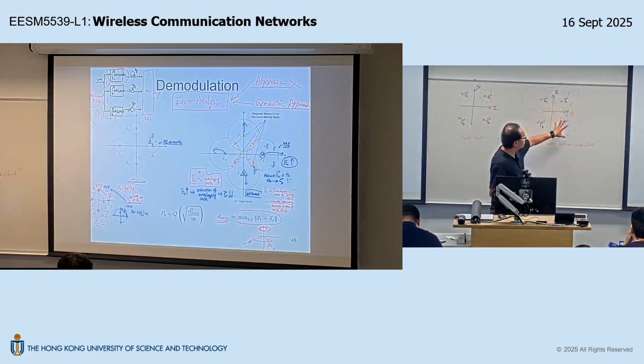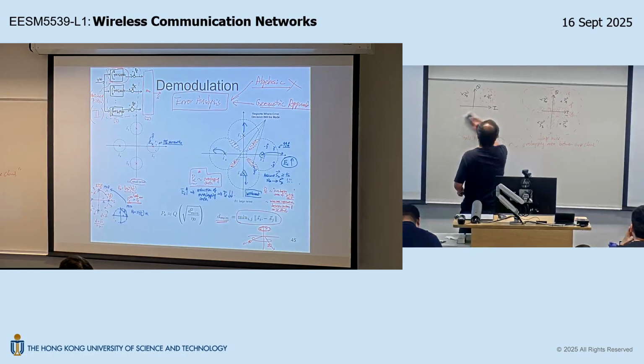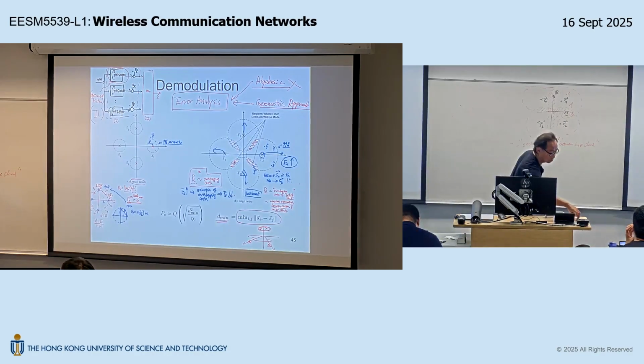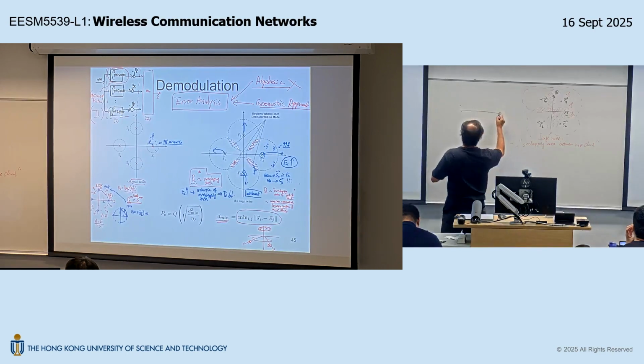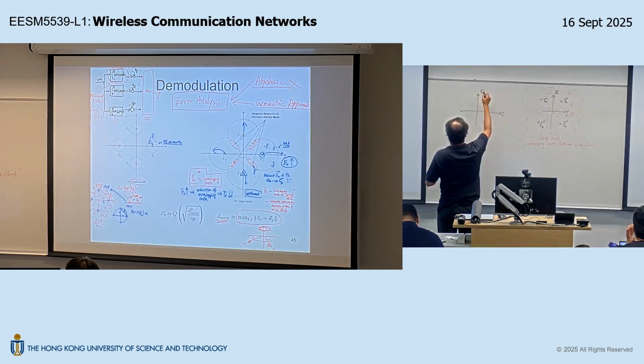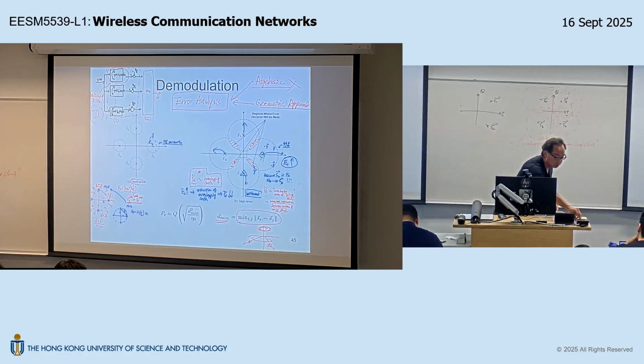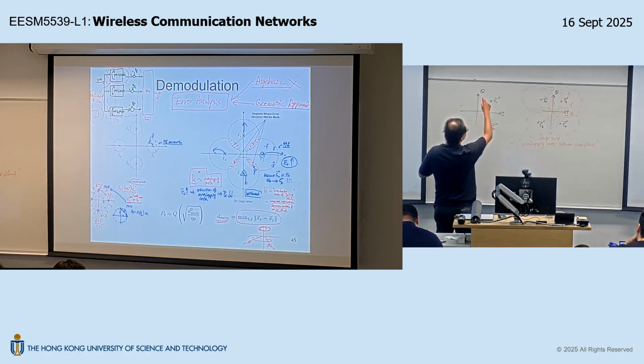Now, for a given size of a noise cloud, let's say I only have binary modulation, in a two-dimensional space, and these are my only two members in my signal set, okay? Then in this case, the overlapping area depends on what?